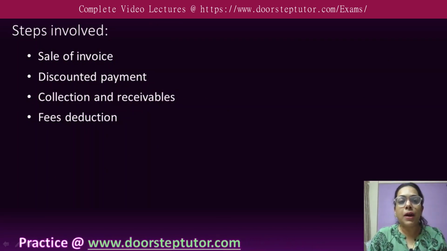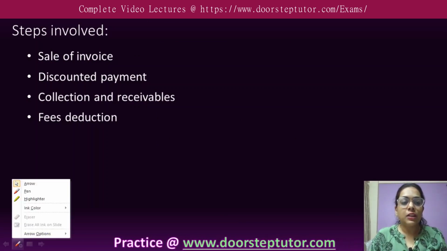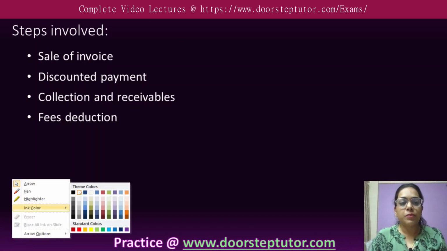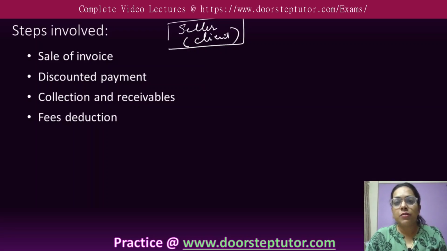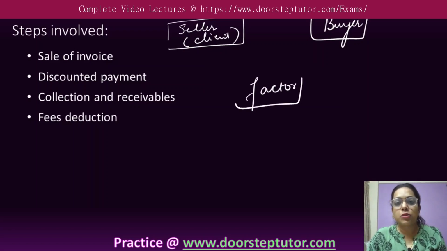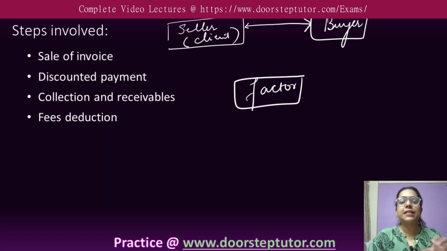There are three parties involved in factoring. The first is the seller of the goods, also known as the client. The second is the buyer of the goods, and the third party is the factor. First there is a transaction between buyer and seller regarding the purchase of goods.